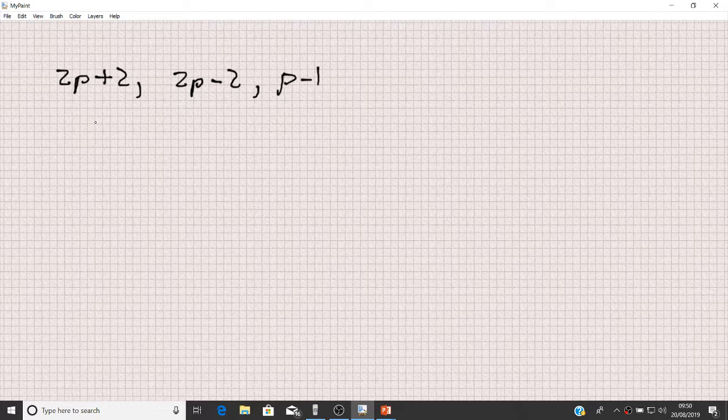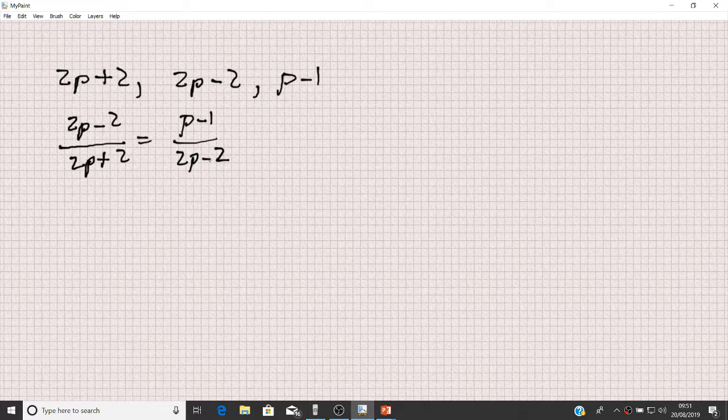So in order to find the value of the unknown p, we need to just work out the common ratio in terms of p. So we can say 2p minus 2, so that's u2 divided by u1, over 2p plus 2, must equal p minus 1, the third term, divided by the second term.